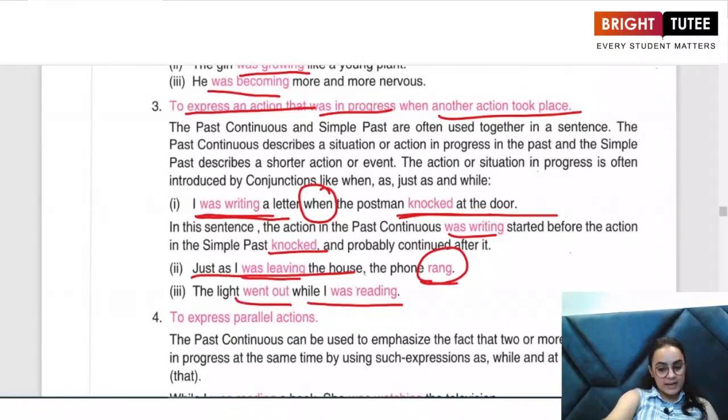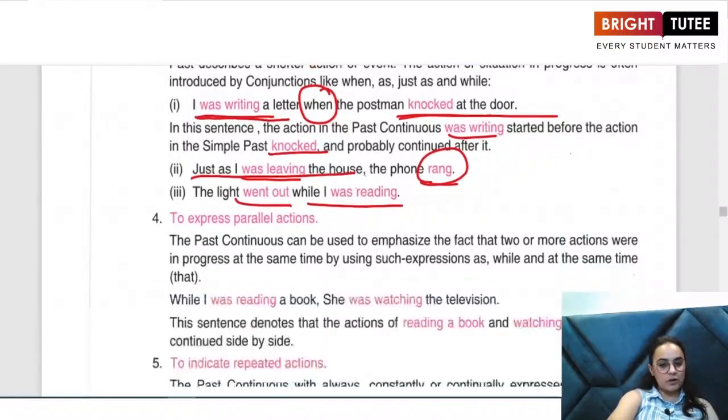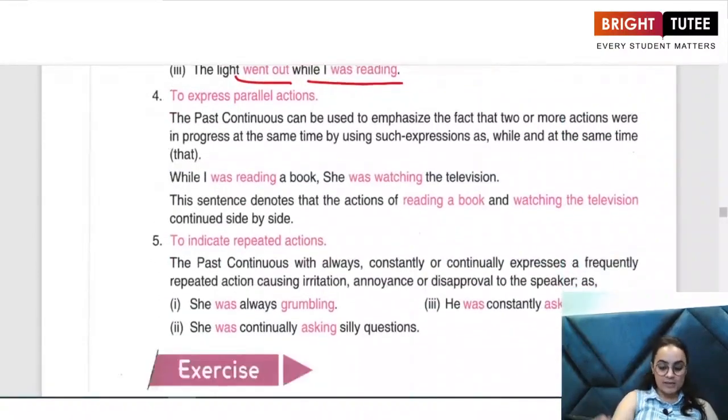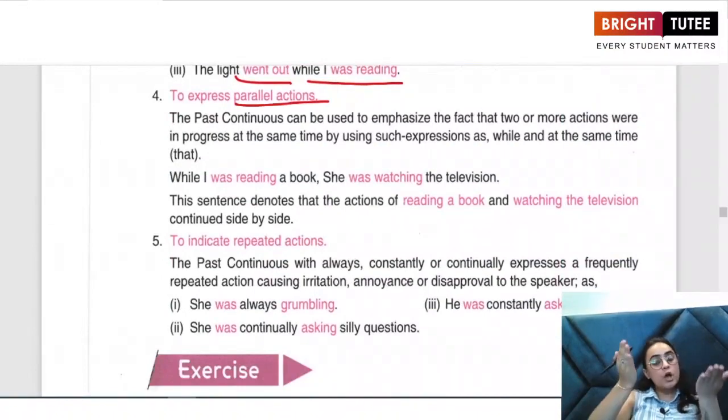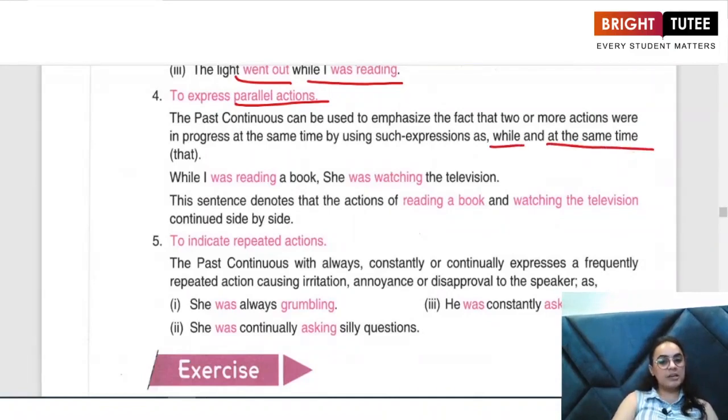Okay. The next usage of the past continuous tense is to express parallel actions. Parallel actions means two actions that take place at the same time. When we talk about such sentences in which two actions taking place parallelly are described, we use words such as while and at the same time.